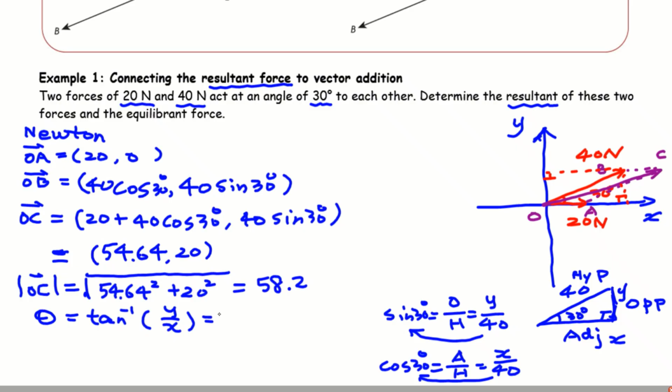Then we sub in tangent inverse 20 over 54.64, which gives us around 20.1. Okay, so this angle is 20.1 degrees. The magnitude is 58.2.